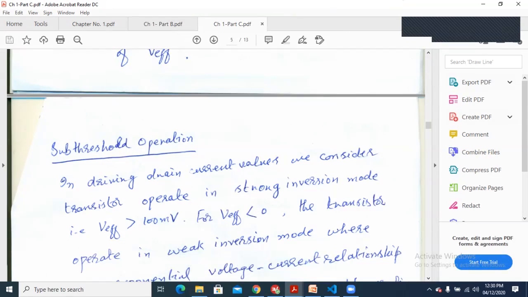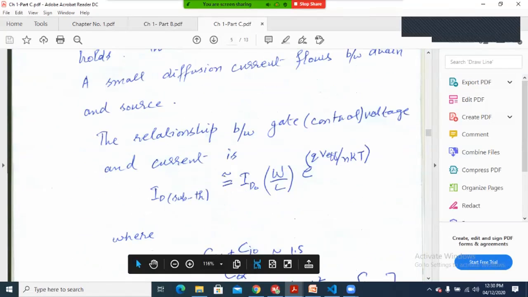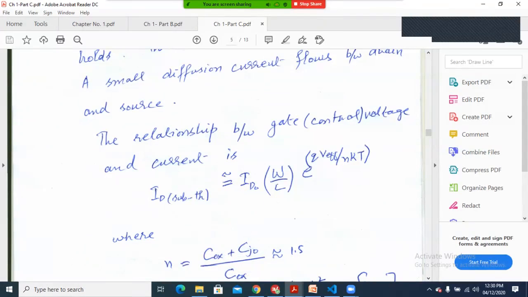So what about if the value of Vov is less than 0 and the transistor operates in weak inversion mode? That relationship of ID sub-threshold is given by this relationship. That is the exponential relationship, and the exponent is q Vov divided by nkT.